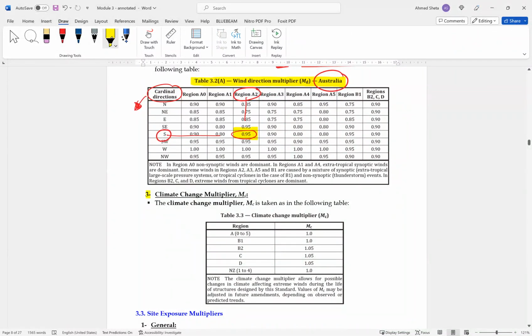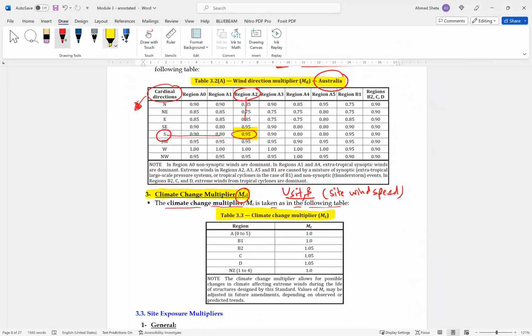The next multiplier is the climate change multiplier, MC. MC is also used to calculate V site, or site wind speed. The climate change multiplier MC is taken from the following table, based again on the region.